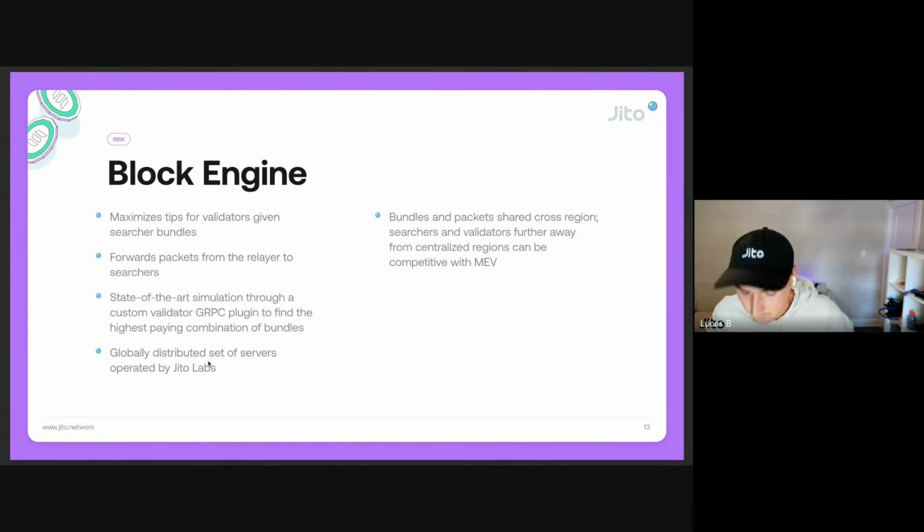And we're currently adding new features to it. One we added recently is that you can share bundles and packets across regions. So if you're a searcher, a trader in Amsterdam, you can receive packets from the Frankfurt block engine, and you can still be pretty competitive with the MEV happening there.